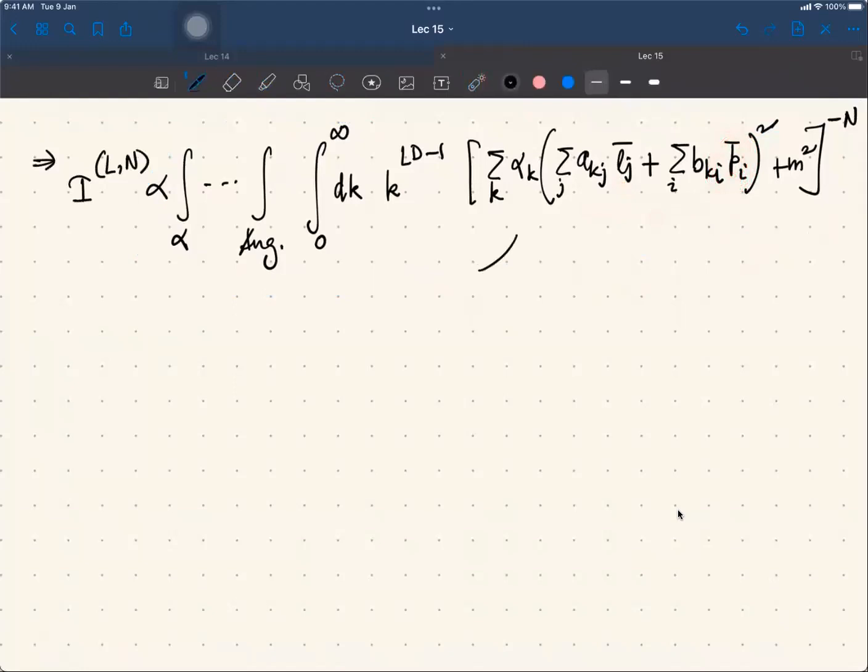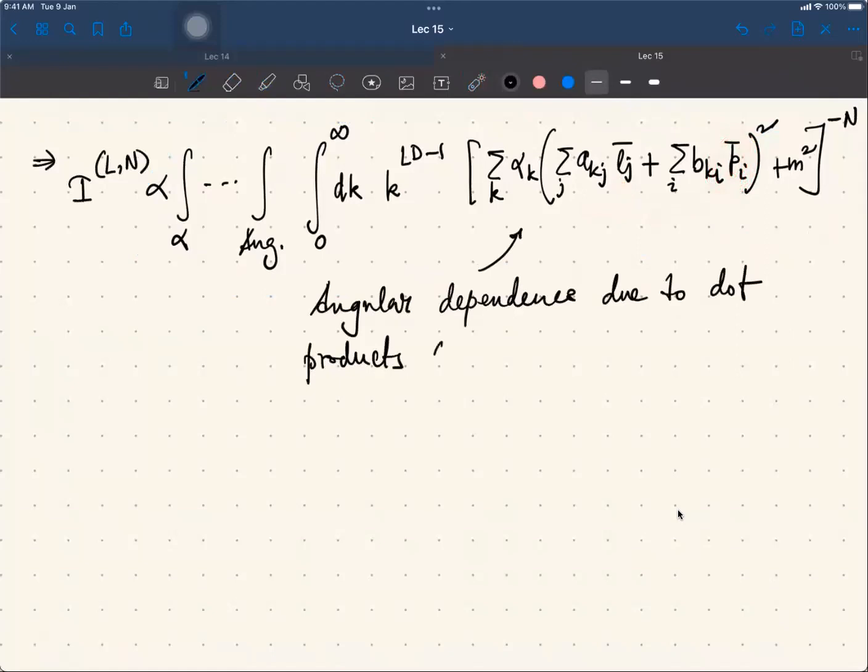So this angular dependence is due to dot products of L bar j with L bar j prime and P bar I.